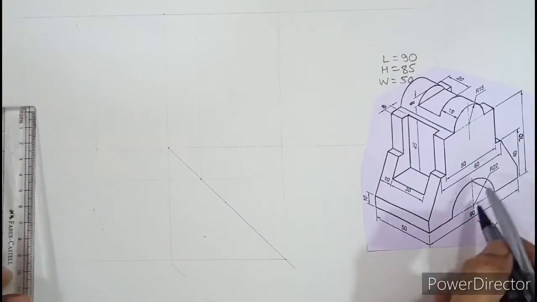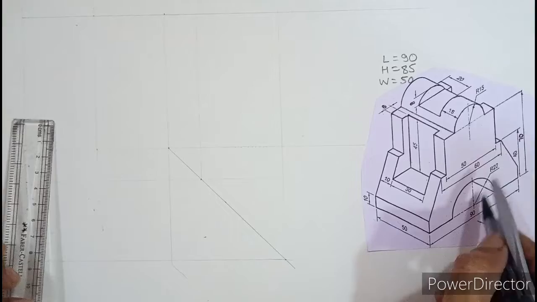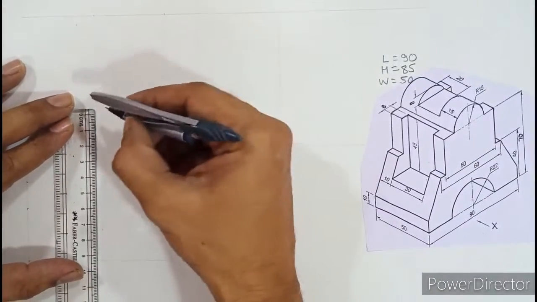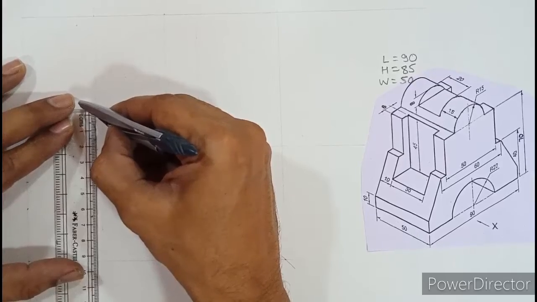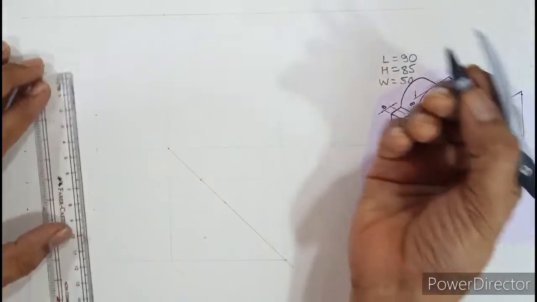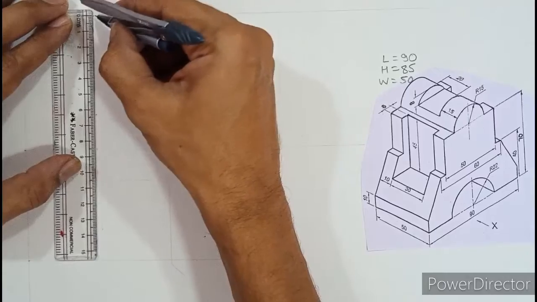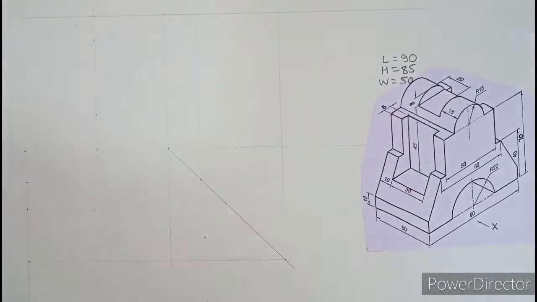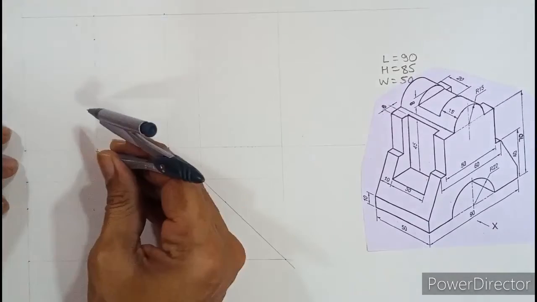So I need 22 at the bottom. So the bottom edge is 22 millimeter. So by scale, you can directly mark 22 on the line of symmetry, and you need 15 from here. So you can mark 15 directly over here.